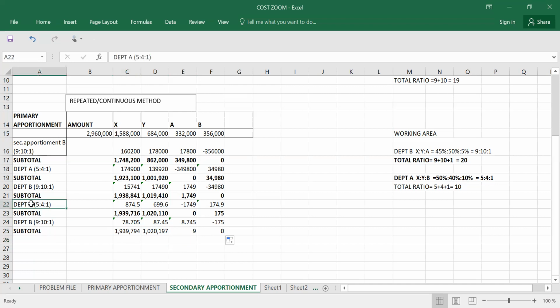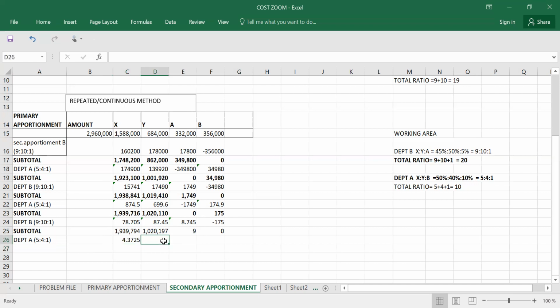Now this is department A, the one now distributing. So if it is department A, X is getting 5 out of 10 times this.